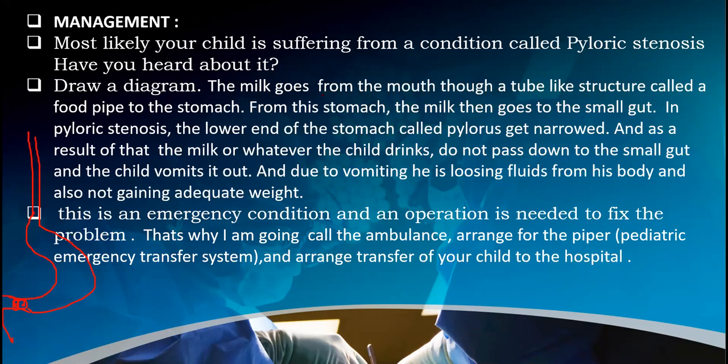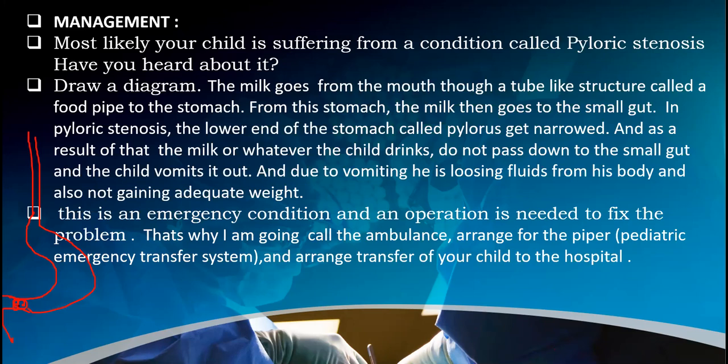So say that the milk goes from the mouth through a tube-like structure called the food pipe to the stomach. From the stomach, milk then goes to the small gut. In pyloric stenosis, the lower end of the stomach, known as the pylorus, gets narrowed.